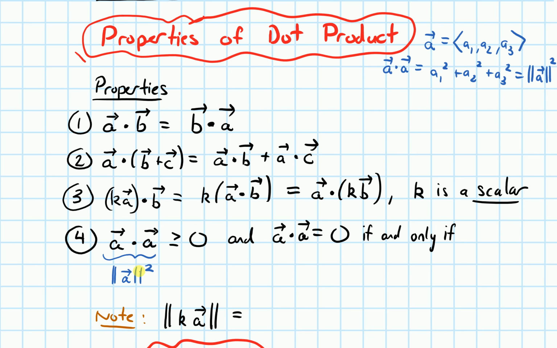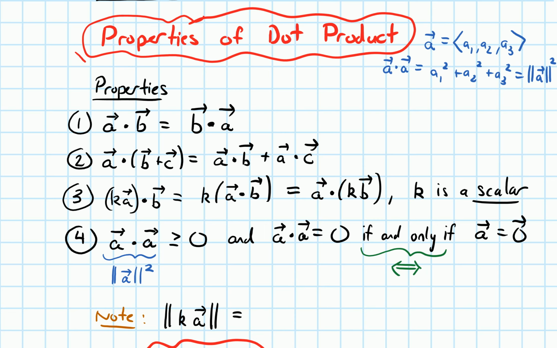So that means the length of A has to be 0. And the only way for the length of a vector to be 0 is if the vector is the 0 vector, if all of its components are just 0. So symbolically, we express the phrase if and only if as a double-sided arrow like this.